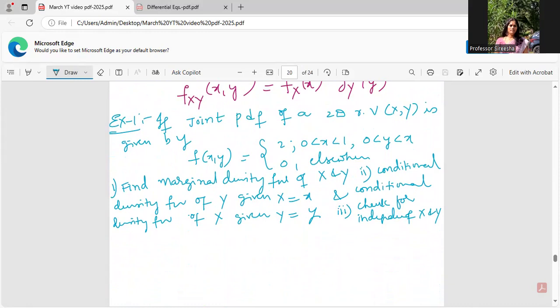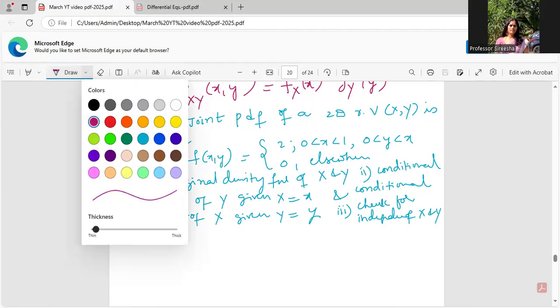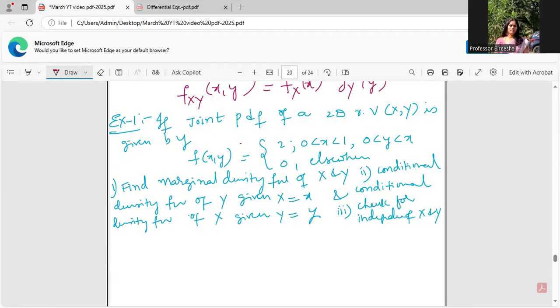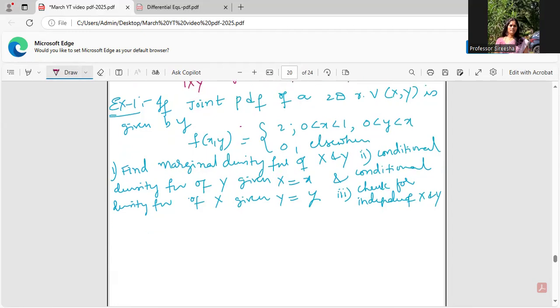The joint probability distribution function of two-dimensional random variables x and y is given by this. And then you are asked to find the marginal density functions of x and y. In case I have missed how to find marginal density functions of x and y for continuous random variables, you can just see that in this example.